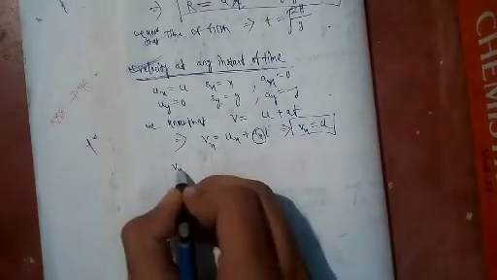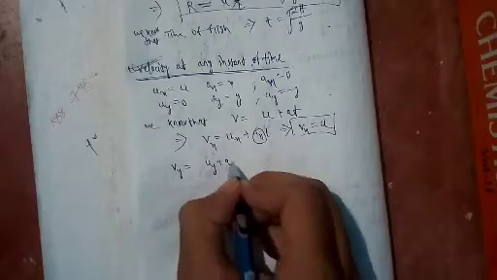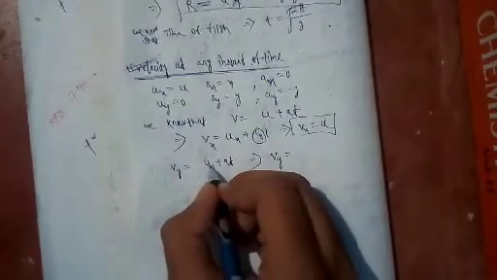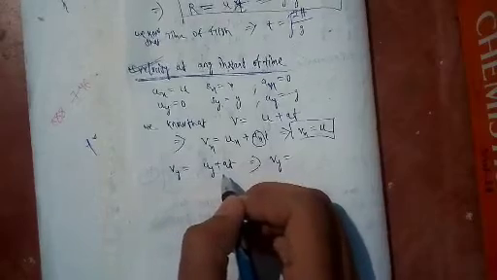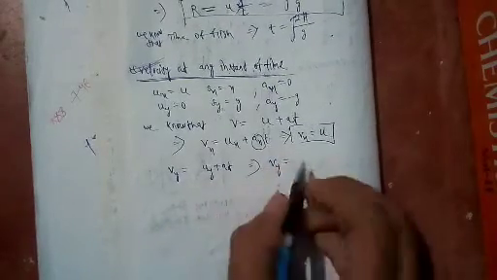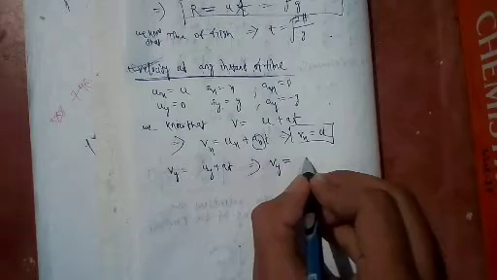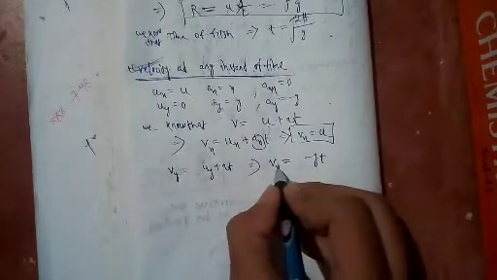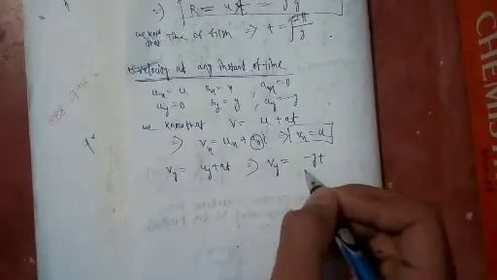Then again vy is equal to uy plus at. We know the initial velocity in y direction is 0, and acceleration in y direction is minus g, so vy is equal to minus gt.